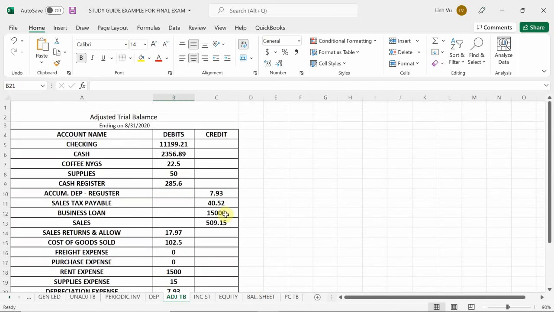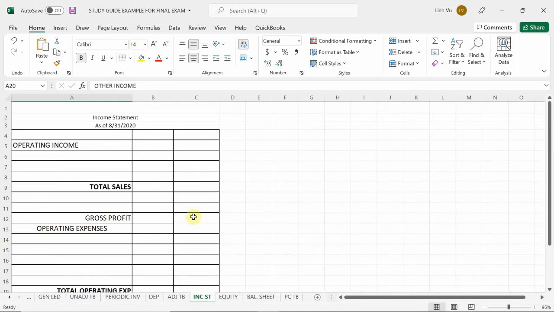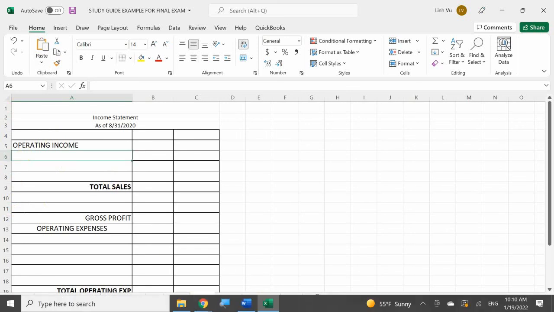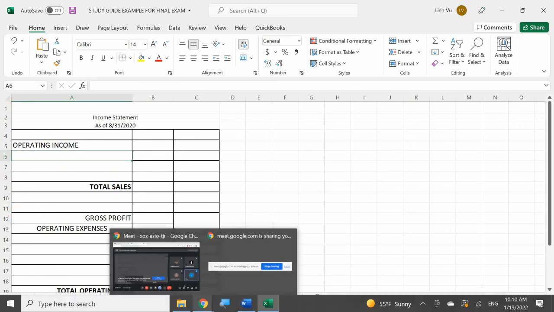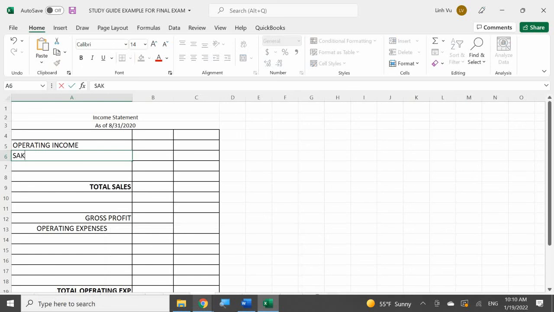Okay, so now that we finished the adjusted trial balance, now we can move on to the next one, which is the income statement. So let's take a look here. Income statement, your general operating income is going to be your sales. And things that affect it are going to be your sales returns and allowances.